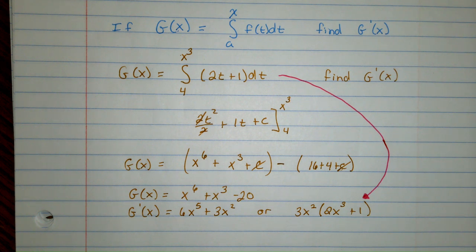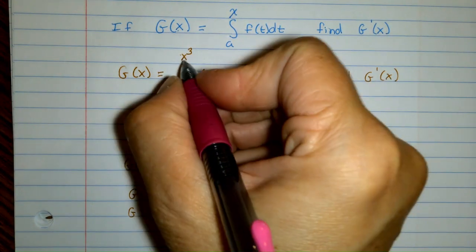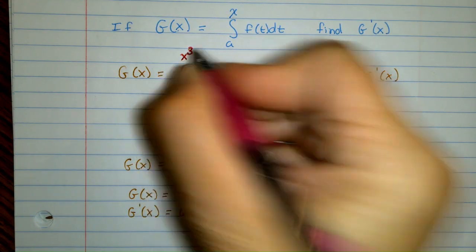Why is that? Well, deriving and integrating undo each other, kind of like multiplying and dividing undo each other. So if you notice, instead of t, I have x cubed inside of my parenthesis.